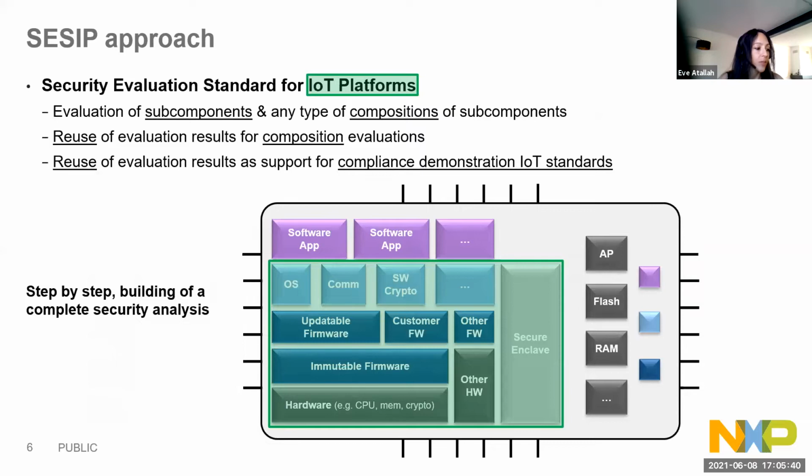So this is why it has been seen as needed to have security assessments at subcomponent level and to have the possibility also then to assess the composition between subcomponents, as it can induce specific security concerns that should be checked and potentially tested. And this is what the SESIP evaluation methodology has been developed for.